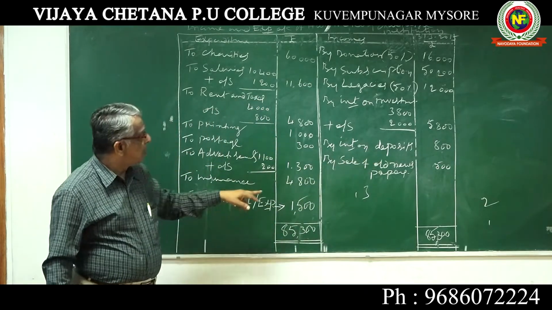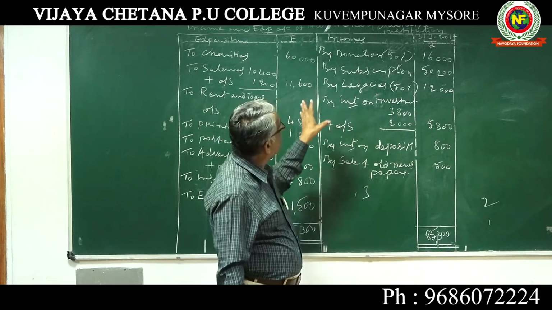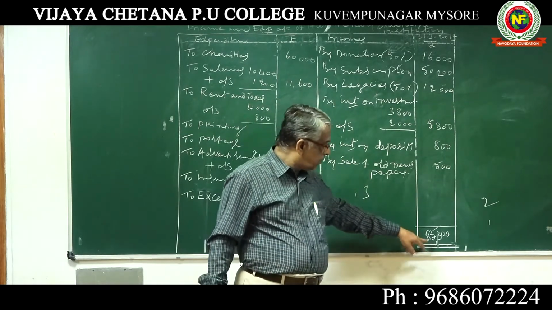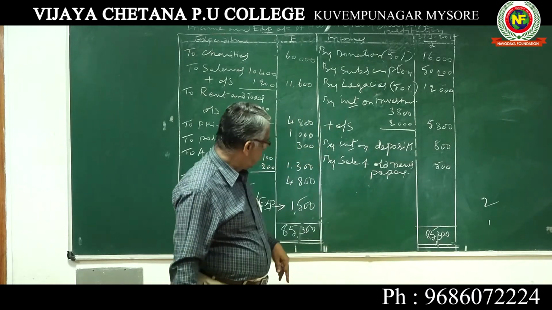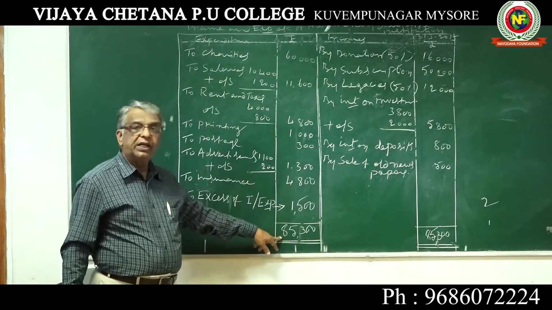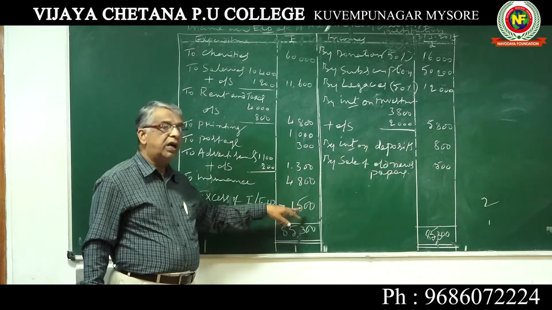Just by observation we are able to say that the income side is more. That is 85,300, and put that amount on the other side also.